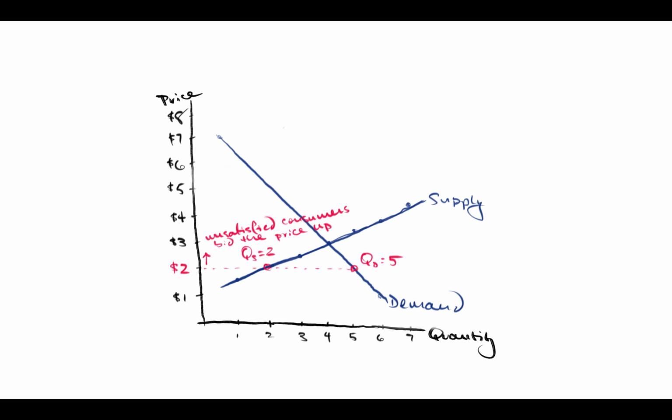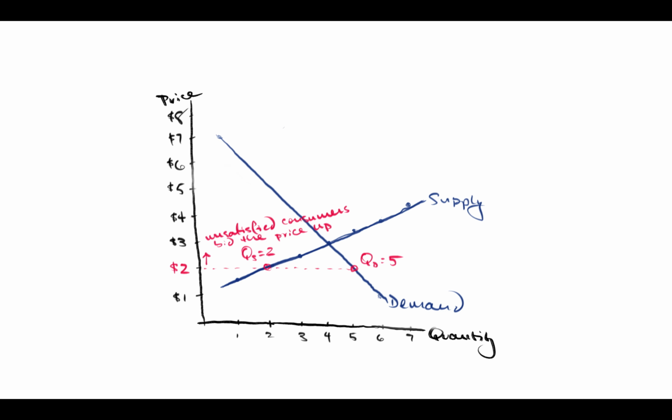And if there's a shortage, then some of the customers who didn't get their pizza might come to me and say, hey, I'd be willing to pay a little bit more if I could have one of those slices instead of so-and-so else getting it. So at a price of $2, 5 people want pizza, there are only 2 slices available.